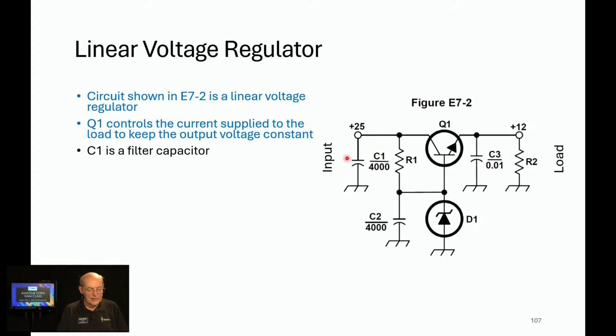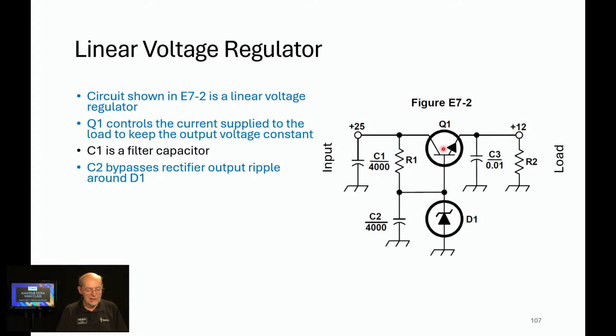C1 over here is a filter capacitor. It filters the output of the power supply, so you're putting fairly clean voltage into the circuit. C2 bypasses the rectifier output ripple. So here's C2. And you'll notice that the base of the transistor is going to be able to see any ripple that's in the power supply.